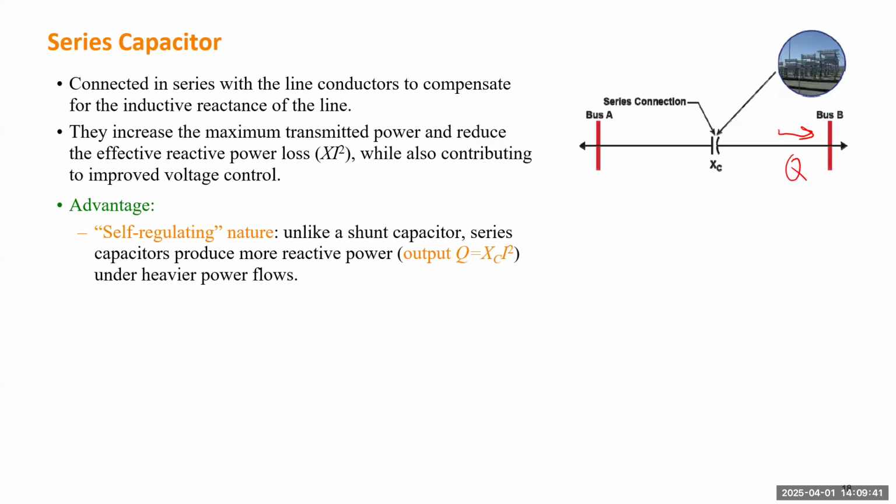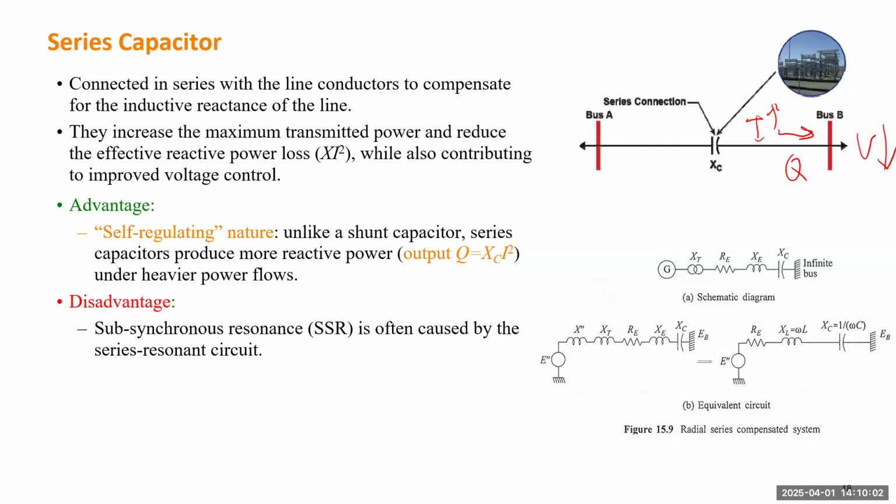The shunt capacitor has Q proportional to the voltage squared, but this one is proportional to the current squared. So under heavily loaded conditions, the voltage decreases but the current actually increases. So the series capacitor will give you more Q compared to the shunt capacitor.